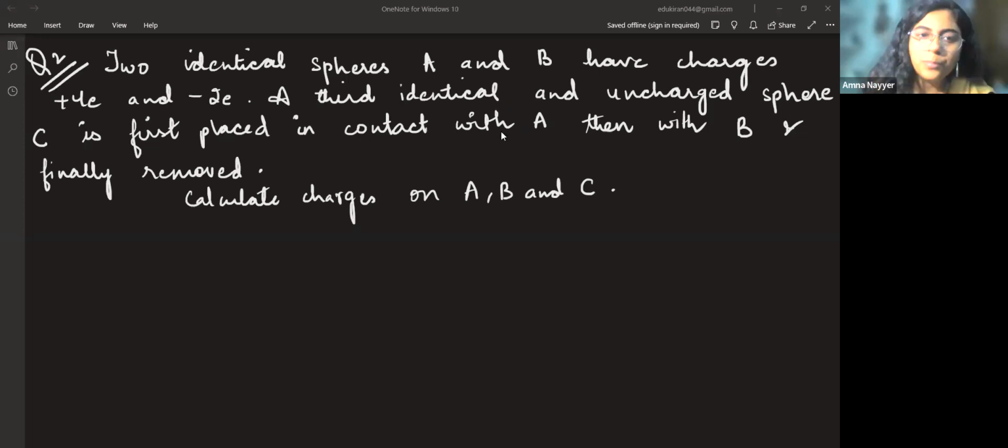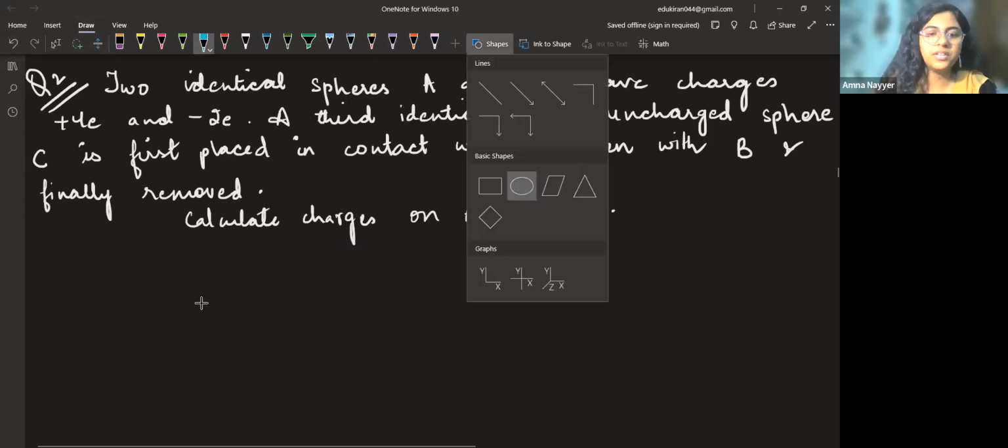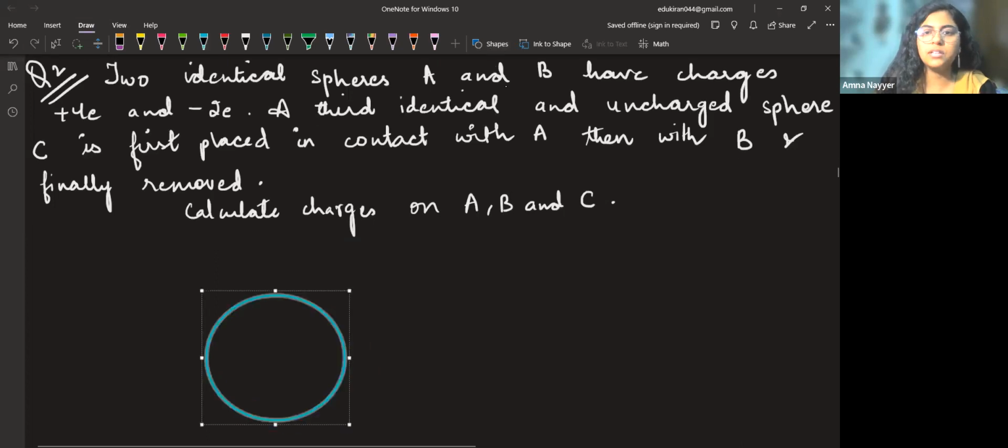See, all of you. Two identical spheres A and B have charges plus 4e and minus 2e. Right? This is given. It means if I'm talking about two spheres, this is one sphere.